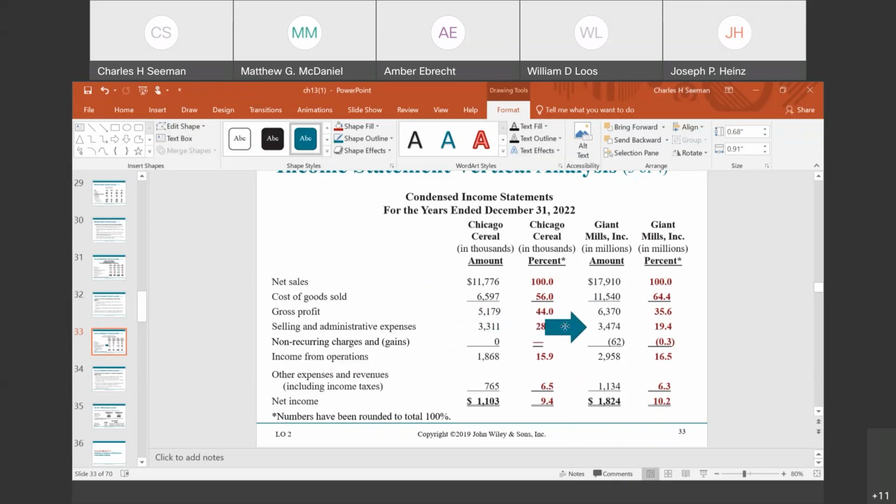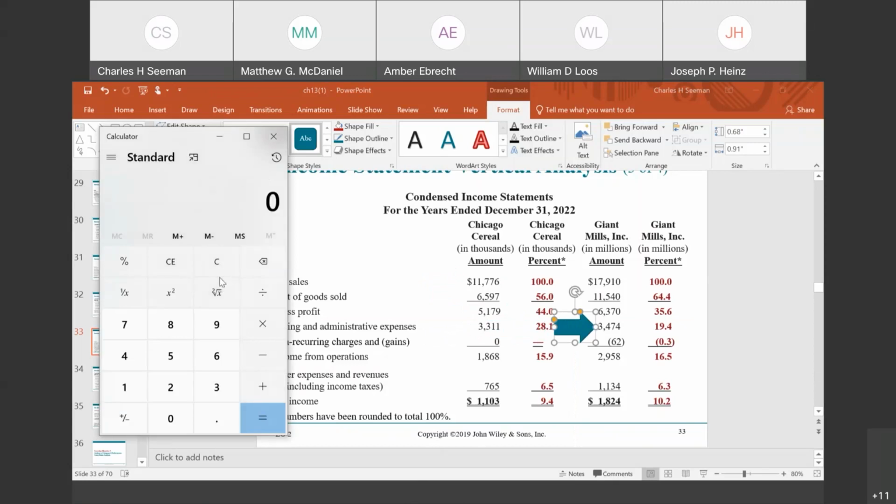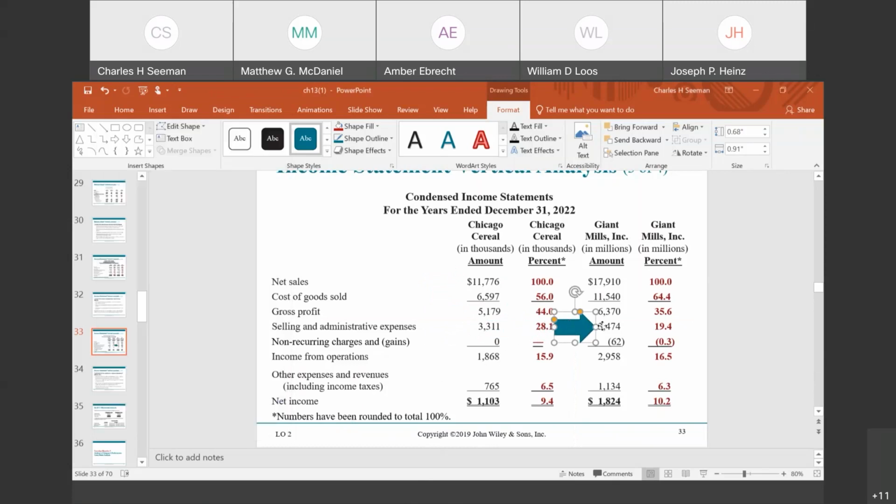They do the same thing for Giant Mills: 3,474 divided by 17,910, and that's how we get the 19.4%. So the trick here is to remember to use only that company's information, then reduce it to a percentage, and then compare the percentages.